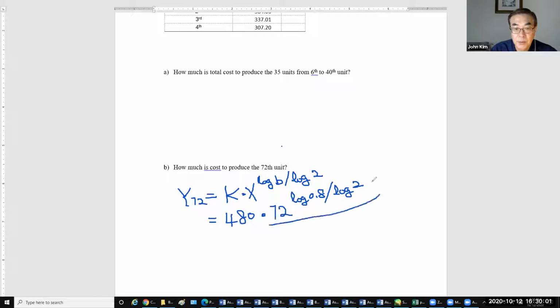So this part will be the same as the unit factor 72.